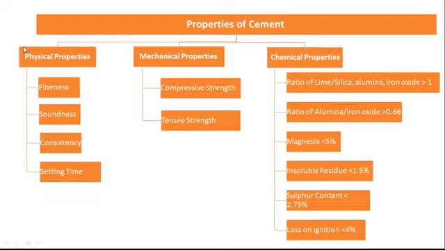In the soundness process, cement expands to some extent on setting, so it is responsible for cracking of cement after setting. So what is soundness? Soundness is the capacity of cement to form a hard and uniformly strong mass on setting. Now, consistency. What is consistency?